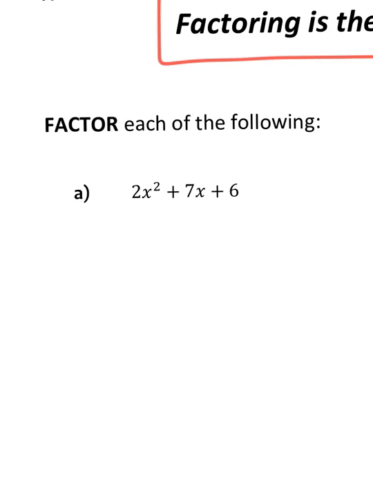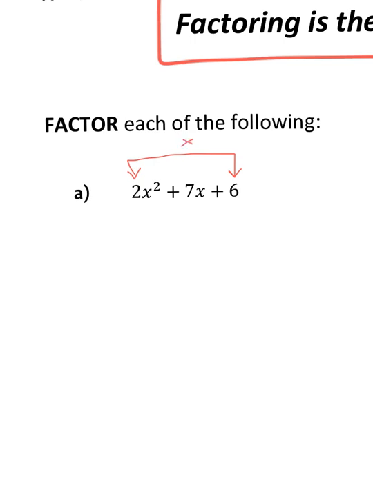So we have 2x squared plus 7x plus 6. And if I thought it was a simple trinomial, then I would be trying to add to 7 and multiply to 6. And we can come up with some values that work, but this 2x squared is in the way. So we're going to do a couple things here. We're going to draw what I call the bridge, and we're going to bridge it between the a value and the c value, the first and the last value.